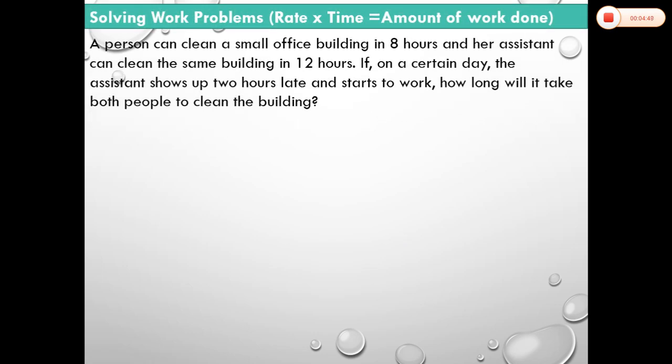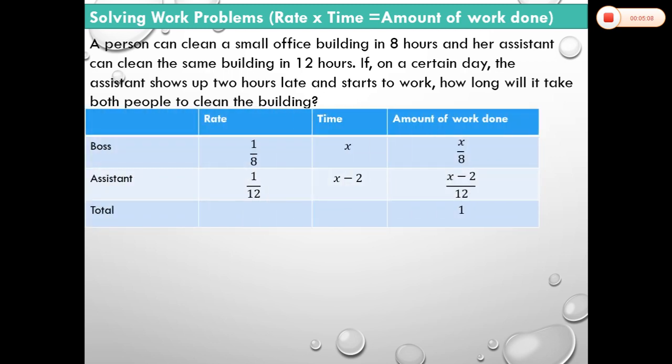A person can clean a small office building in 8 hours, and her assistant can clean the same building in 12 hours. If on a certain day, the assistant shows up 2 hours late and starts to work, how long will it take both people to clean the building? The boss can clean the small office building in 8 hours, so her rate is 1/8.